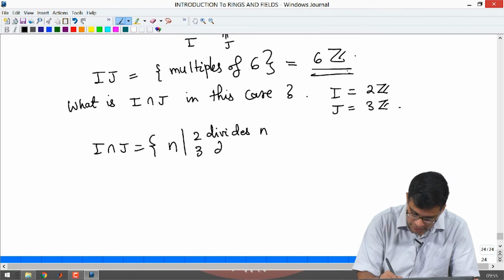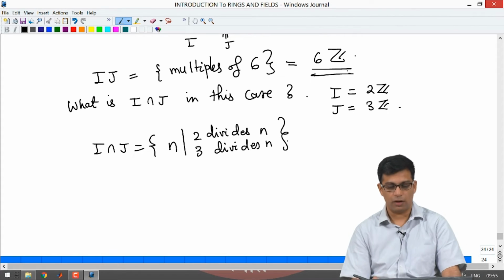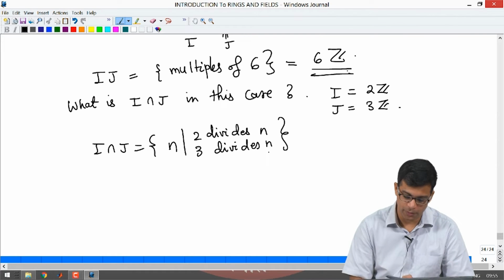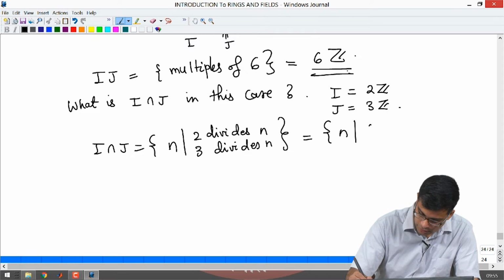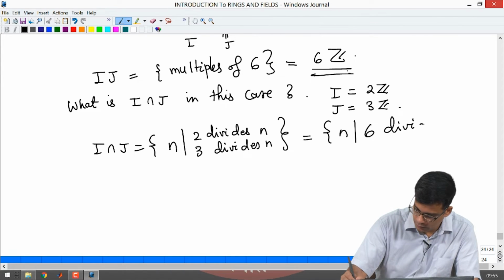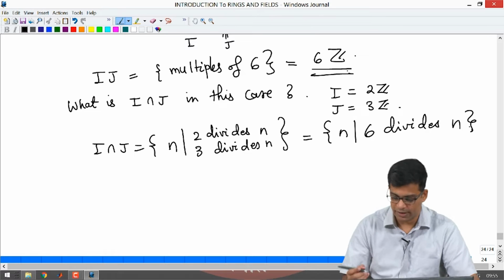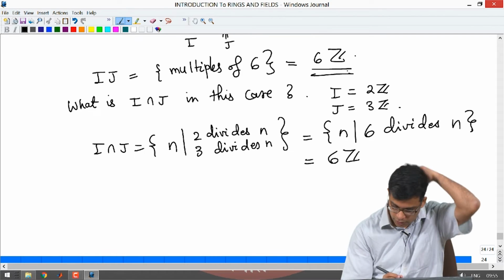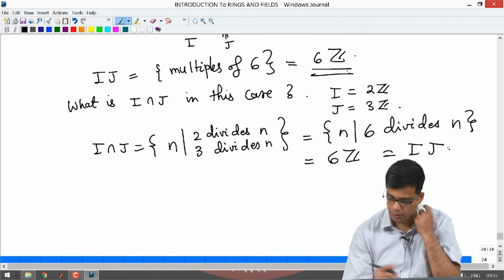So, 3 divides n. So, this is all integers which are divisible by 2 and divisible by 3, but then this exactly means 6 divides n. So, 6 divides n, but that is exactly the set 6Z. Okay. So, in this case IJ is equal to I intersection J.